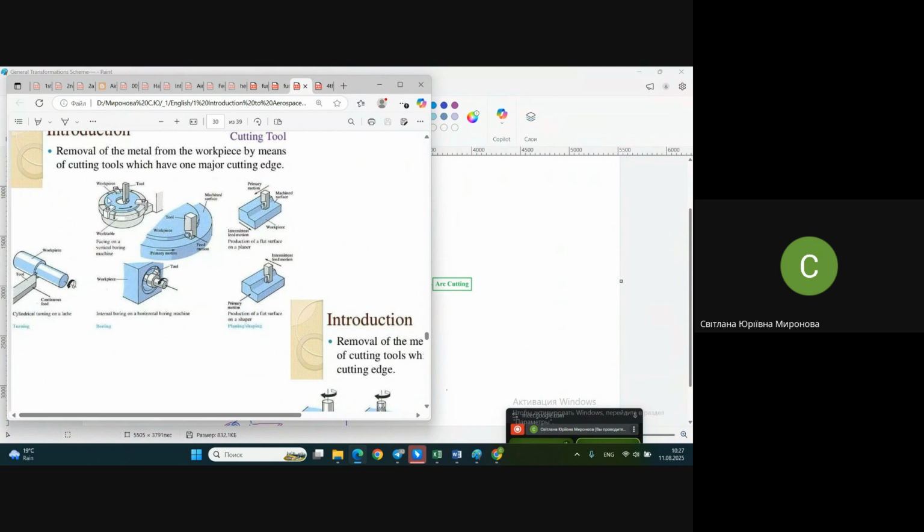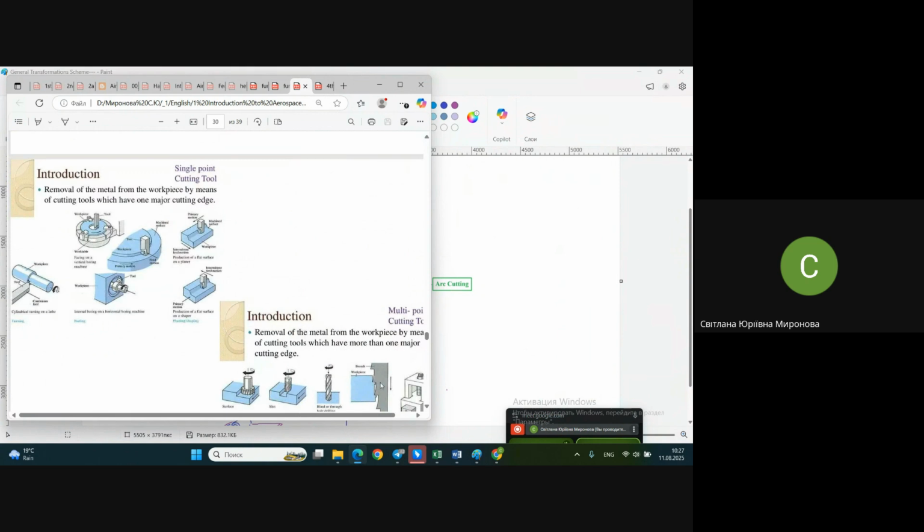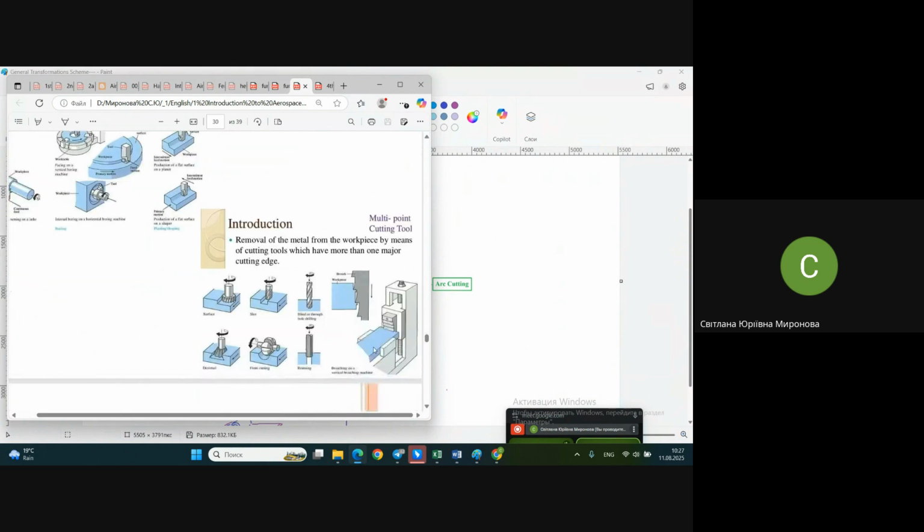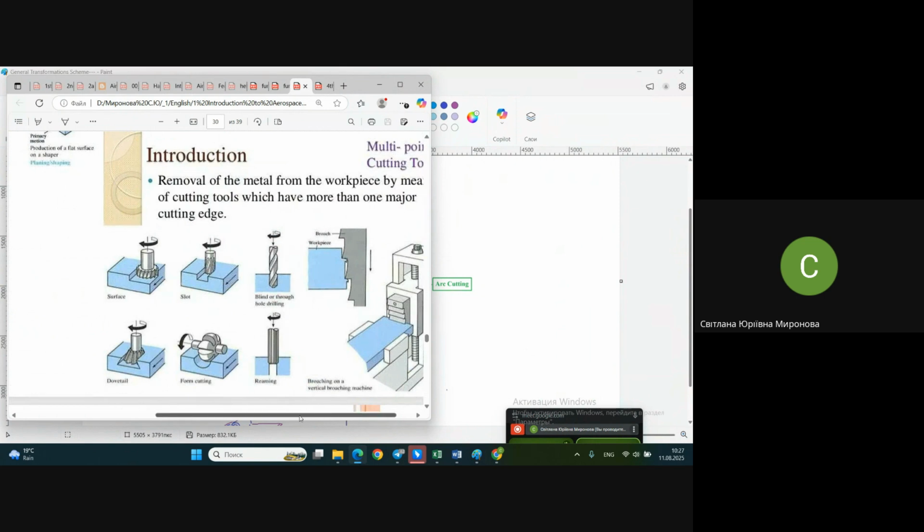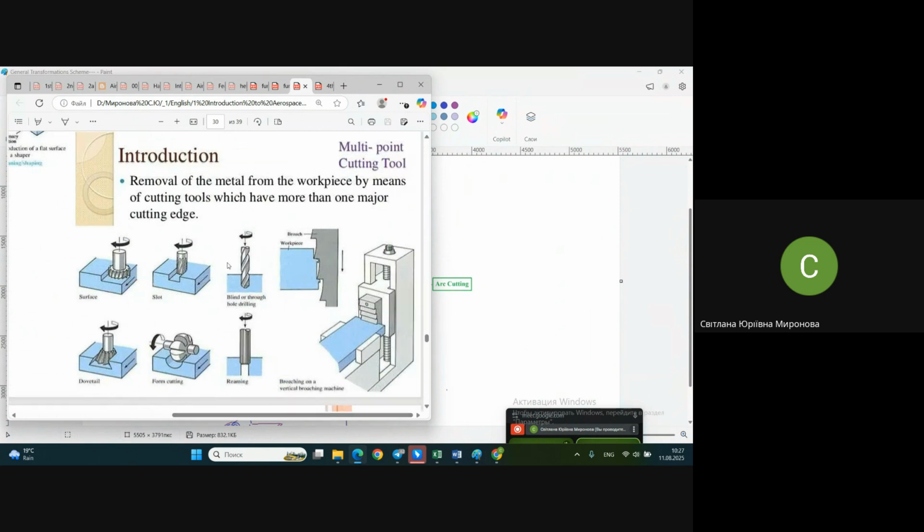It's very similar in idea, but with different realizations of the machinery itself, and much more variable is multi-point cutting. Milling we have already seen. Whatever is written here, surface, slot, dovetail, form cutting, it's milling, milling of different shapes.